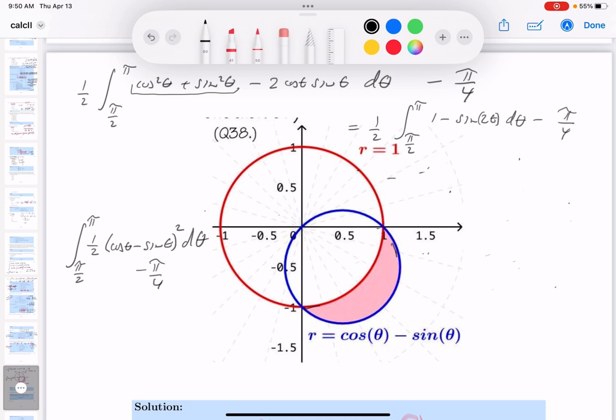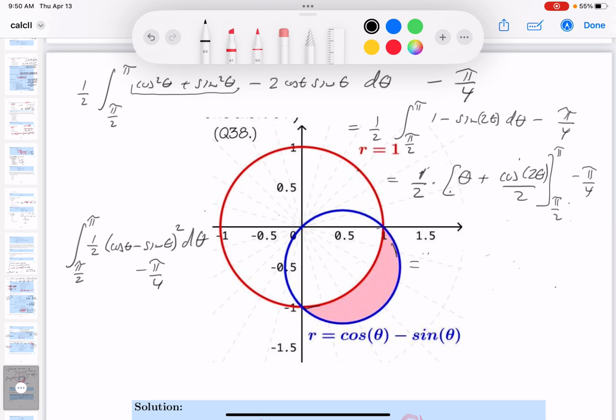Let me keep going through that. It's 1/2. What's the antiderivative of 1? It's theta. What's the antiderivative of sine of 2 theta? That would be plus the cosine of 2 theta over 2. The limits of integration will be pi over 2 to pi, and then minus pi over 4.